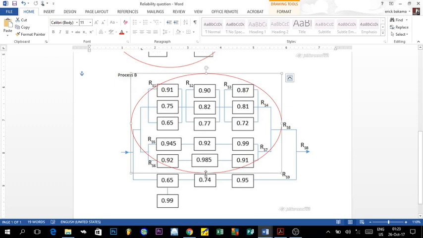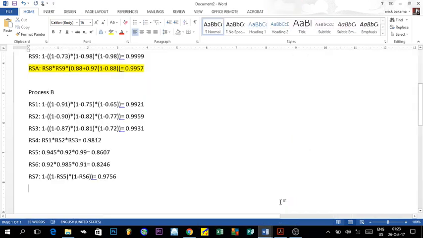It doesn't involve the one that is done, so it's only this one, which is RS4 and RS7. And the two, remember that they're in parallel. So that means we have RS8, and the formula is 1 minus, you open your bracket, 1 minus RS4, close your bracket, times 1 minus RS7, I think, like that.